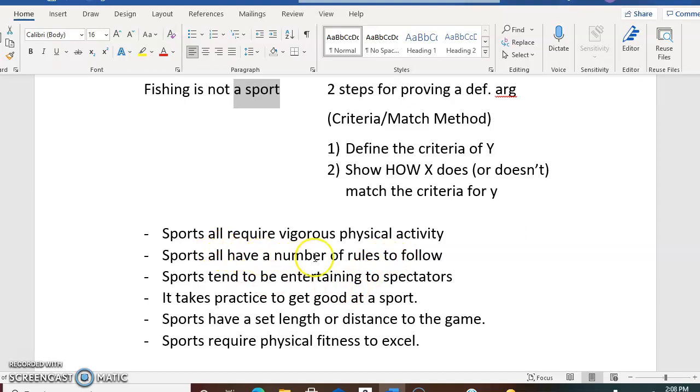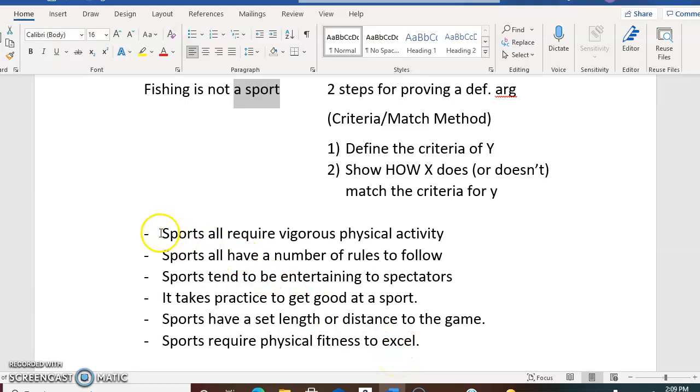You could say, all sports have a number of rules to follow. You could say sports tend to be entertaining to people who are watching. You could say it takes practice to get good at a sport. You could say sports have a set length or distance to the game, okay? And sports require physical fitness to excel.